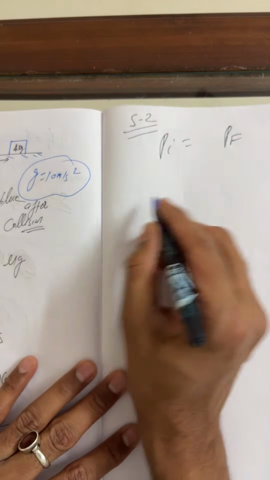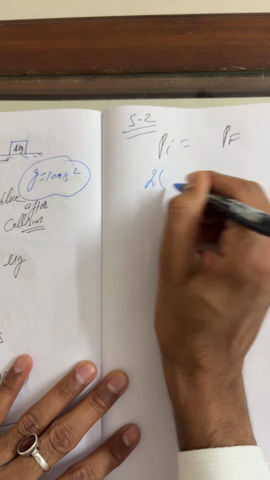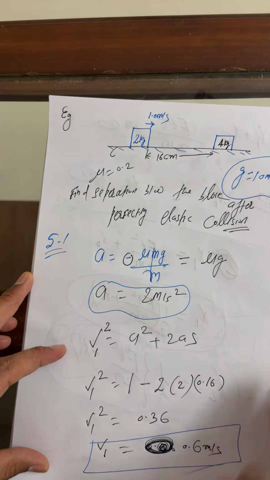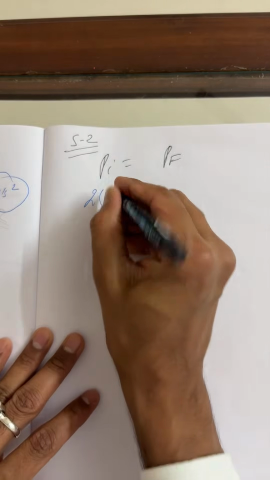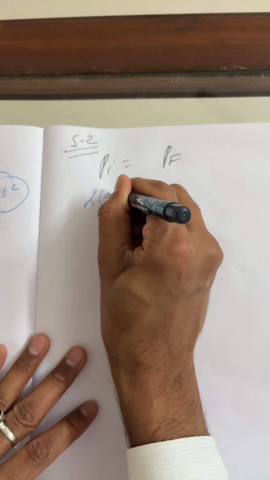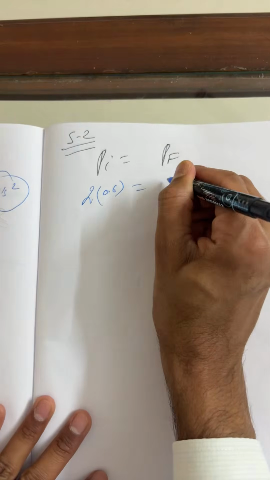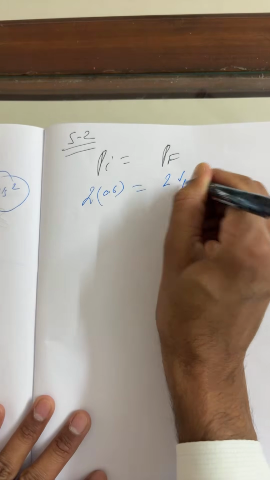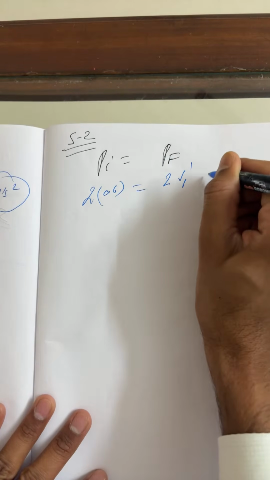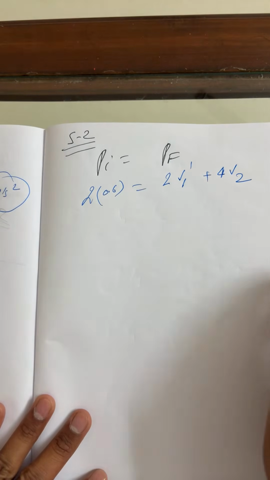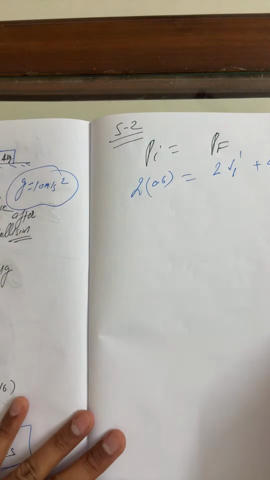So I can write 2 into 0.6 equals 2 into v1 dash plus 4 into v2.